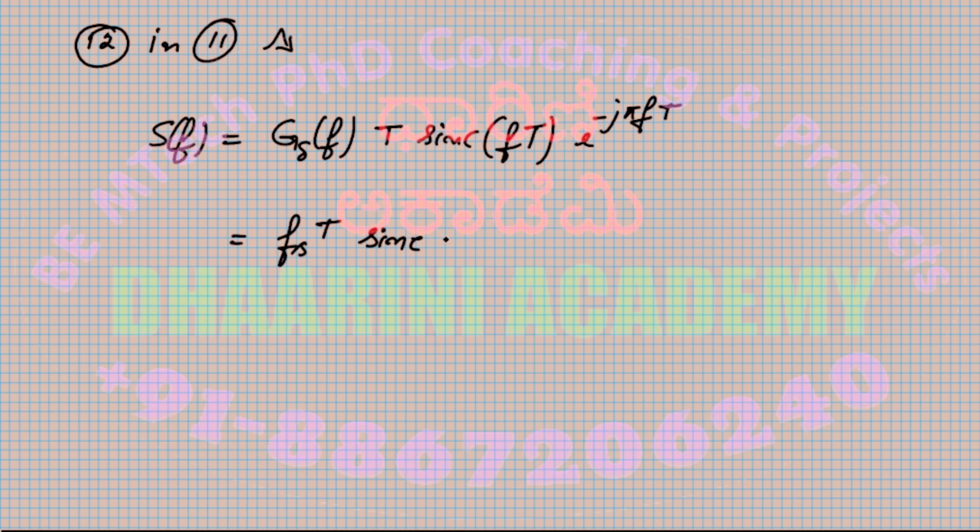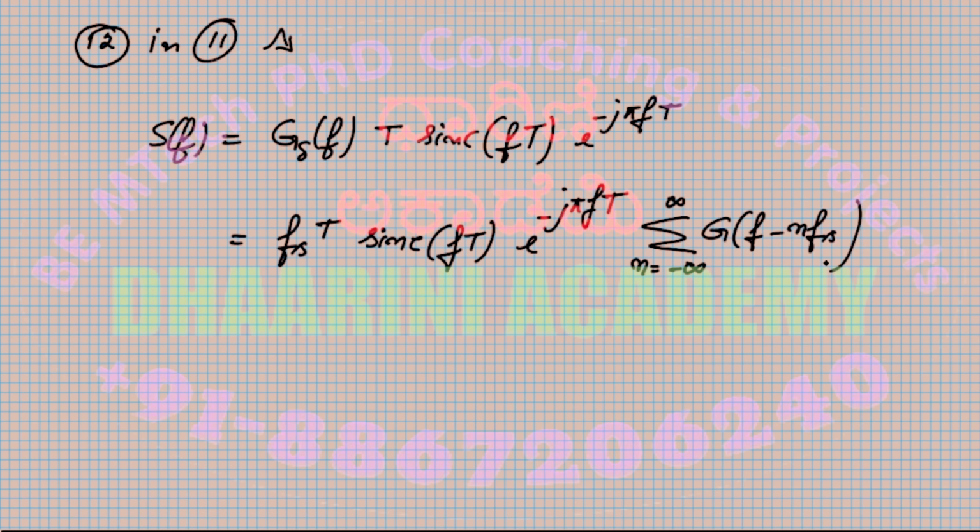So this is sinc of fT into e to the power minus j pi fT, and then you write the summation, because summation is applicable only for the term containing n, that is minus infinity to plus infinity, G of f minus n fs. So call this equation number 13.